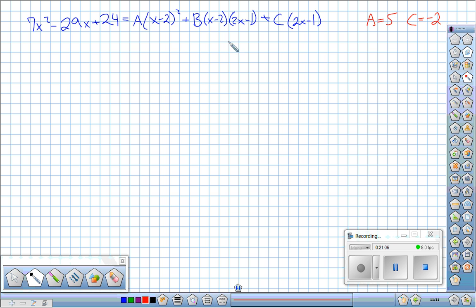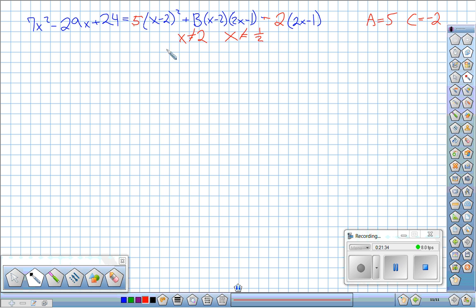So I'm actually going to plug these in for my a and my c. I'm just going to do that right here. So I have 5 and -2, and I'm going to just write -2 instead. Same thing. Now I'm going to pick any number I want, except I cannot use x equals 2, and I cannot use x equals positive 1/2.